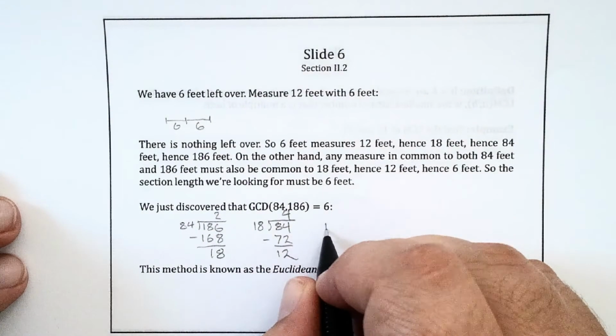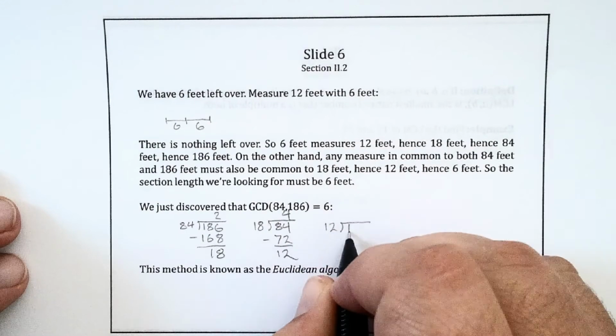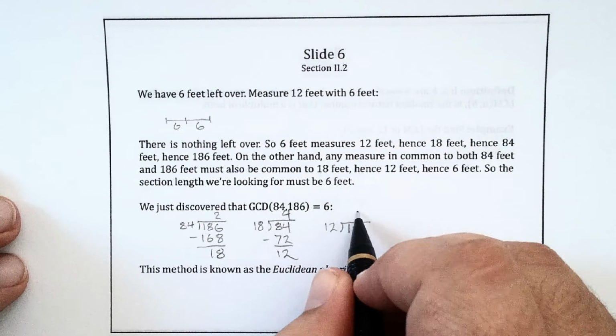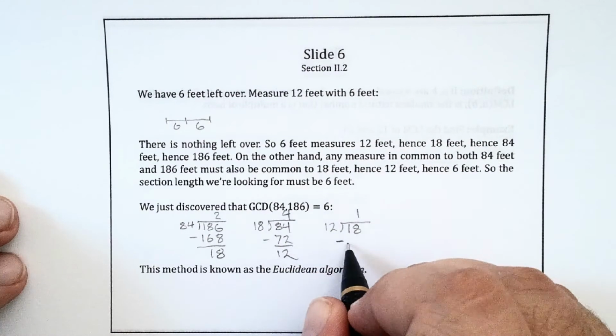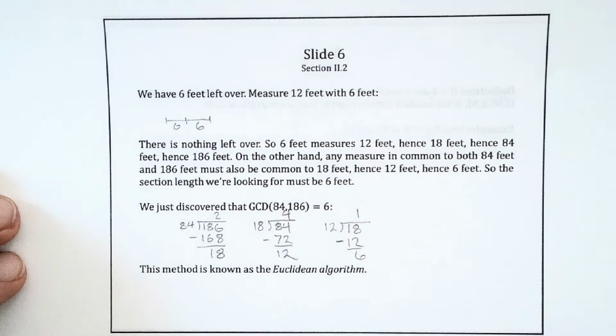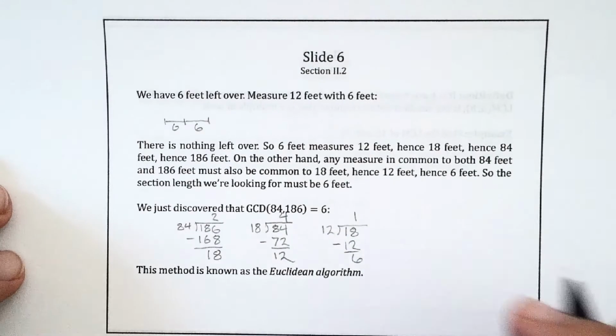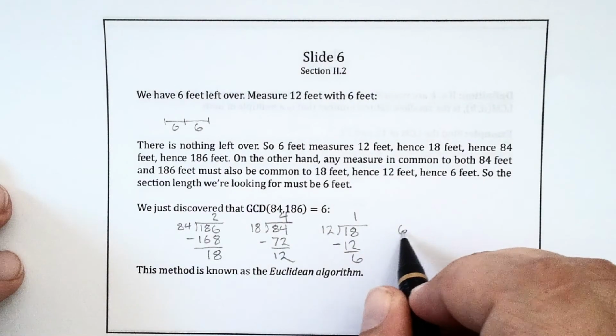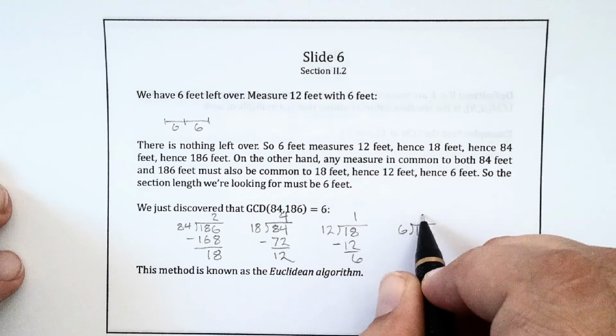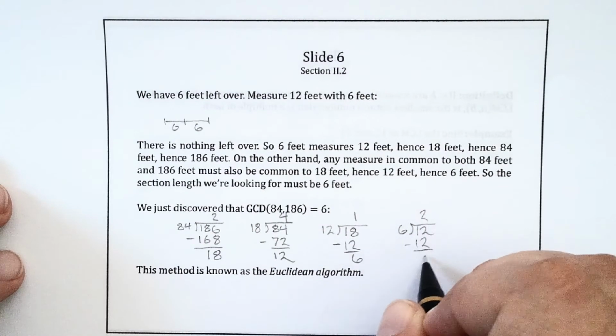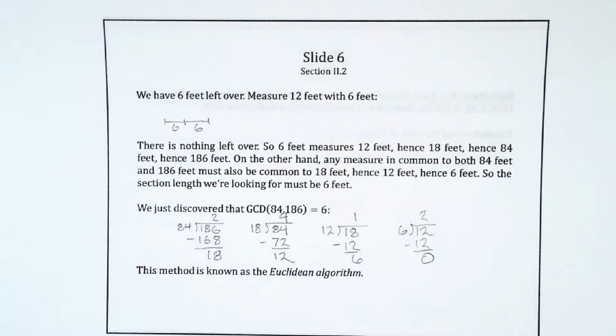Then we divided 18 by 12. That went in there once. We have 6 left over. And then we divide 12 by 6. That went in there twice. And we had nothing left over.